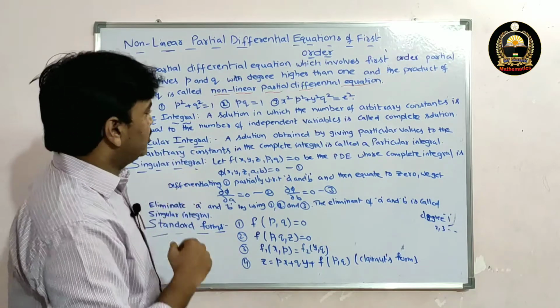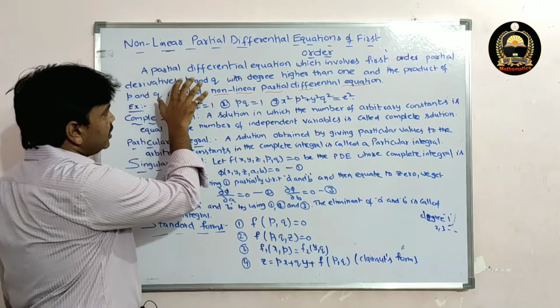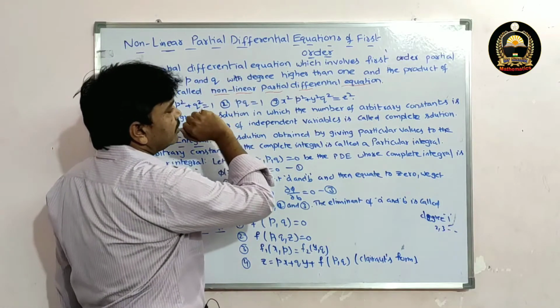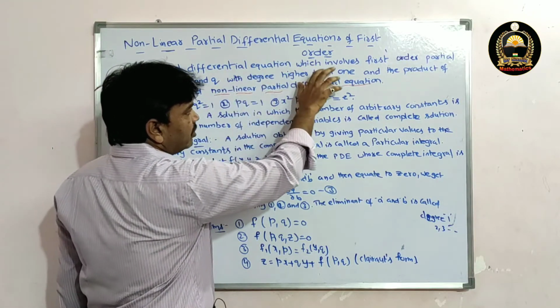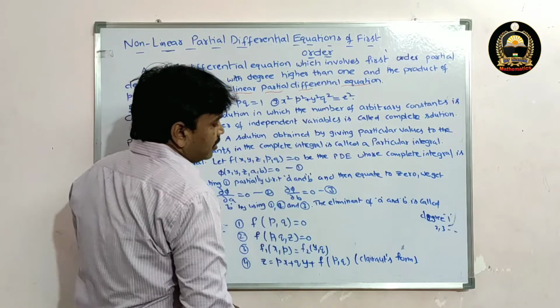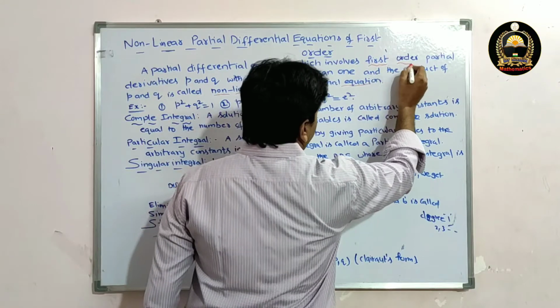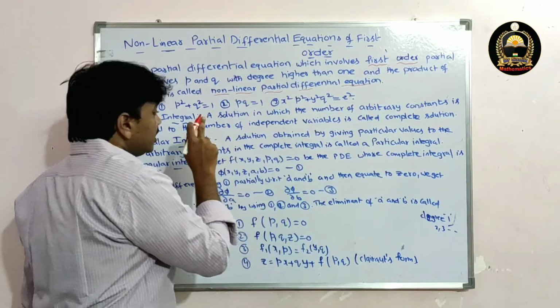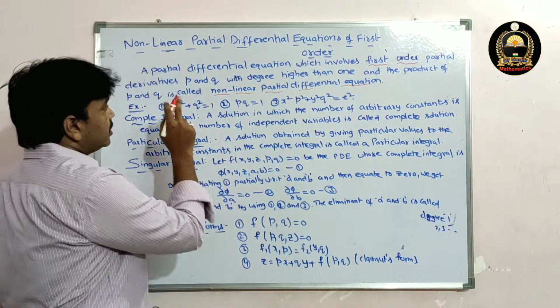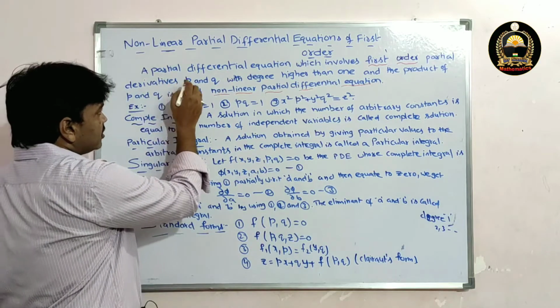Let us see the definition, students. A partial differential equation which involves first order partial derivatives, p and q. What are the partial derivatives here?